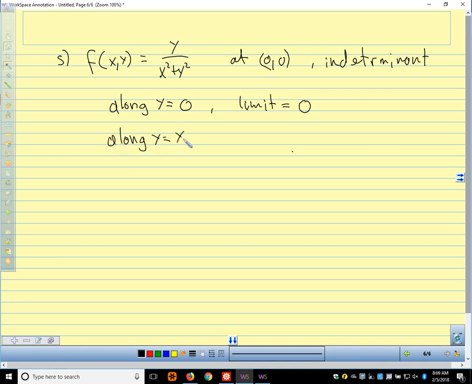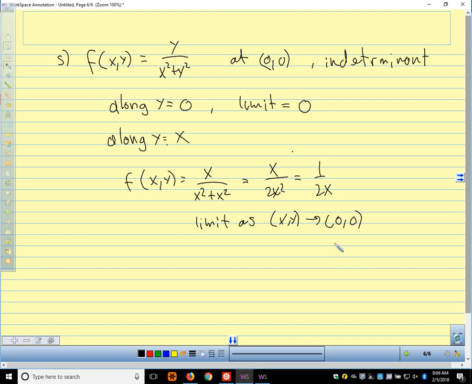y equals x. So when I plug in y equals x, I get f of x, y equals x over x squared plus x squared, which is x over 2x squared, which is 1 over 2x, and the limit as x, y approaches 0, 0 is what?